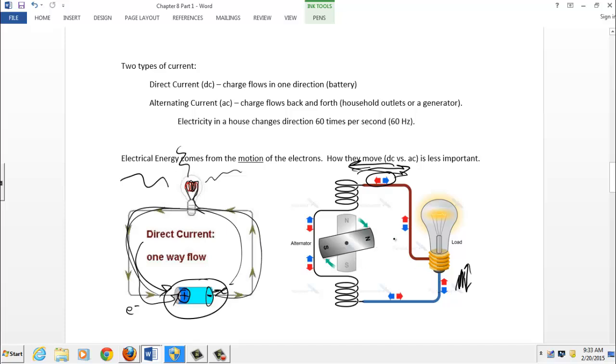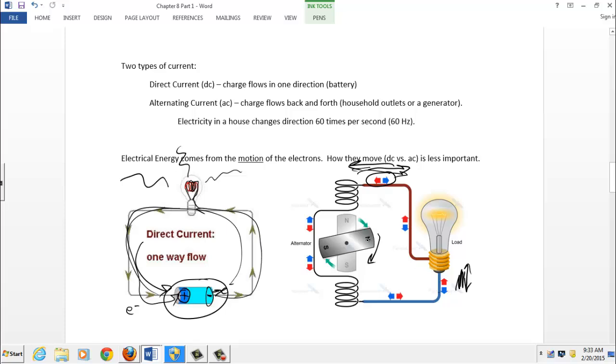But you can also generate electricity through a generator. And that's how electricity comes to our house. There's a power plant where, by different ways, there's a magnet that gets spun. And you spin this magnet, and it turns out that the magnetic field, the magnets, can kind of either push or pull on the electrons.